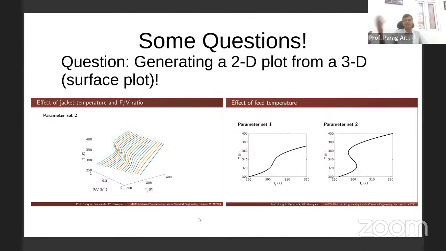In all of these cases, z_i will be equal to 3. That subset of x_i, y_i will be taken out, and you can then plot. So this is the principle behind obtaining a 2D plot from a 3D plot.